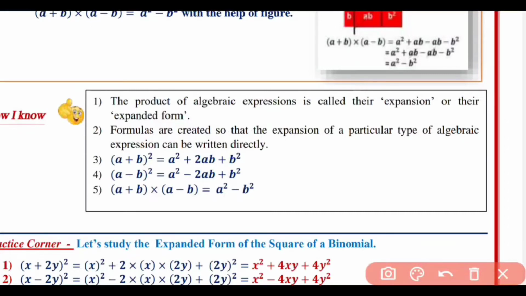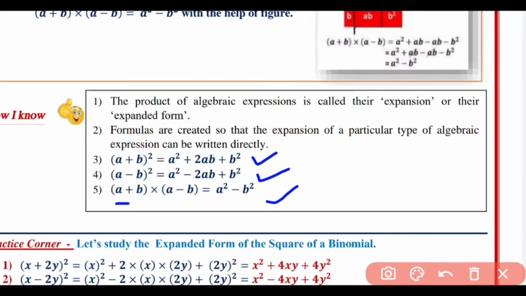(a plus b) whole square is equal to a square plus 2ab plus b square. Second formula, (a minus b) whole square is equal to a square minus 2ab plus b square. And the third formula is (a plus b) in the first bracket multiplied by (a minus b) in the second bracket. The expansion is a square minus b square.